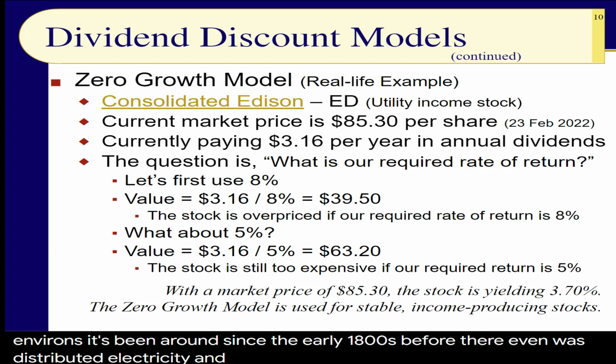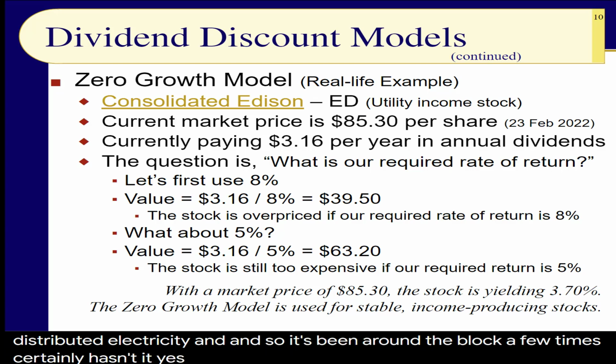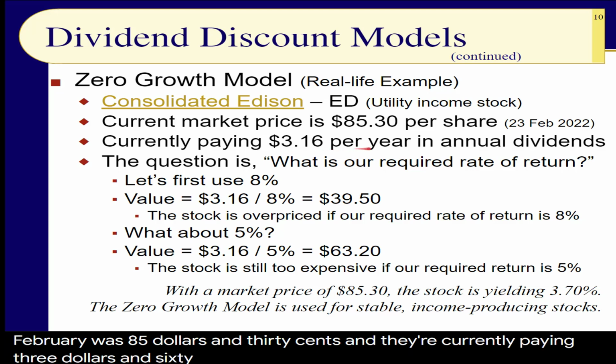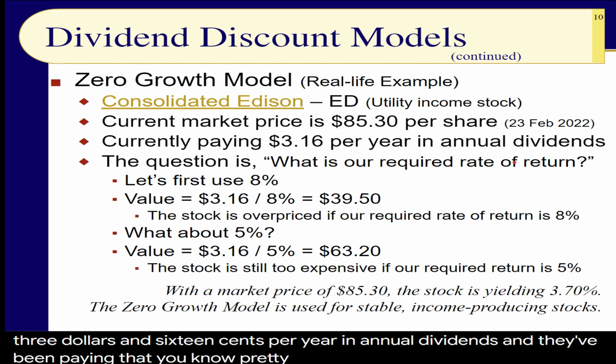And so it's been around the block a few times, certainly, hasn't it? Yes. The current market price as of the 23rd of February was $85.30. And they're currently paying $3.16 per year in annual dividends. And they just raised it a tiny little bit recently.